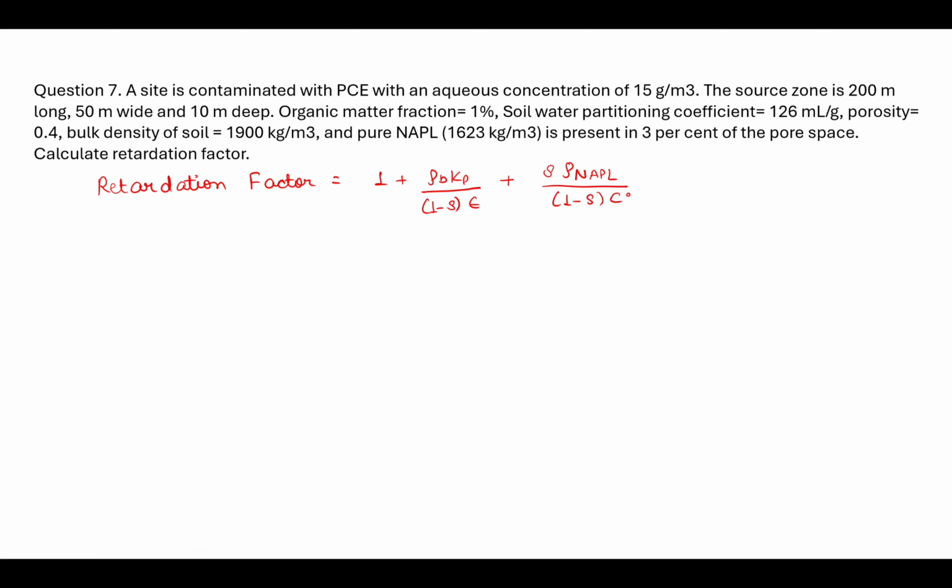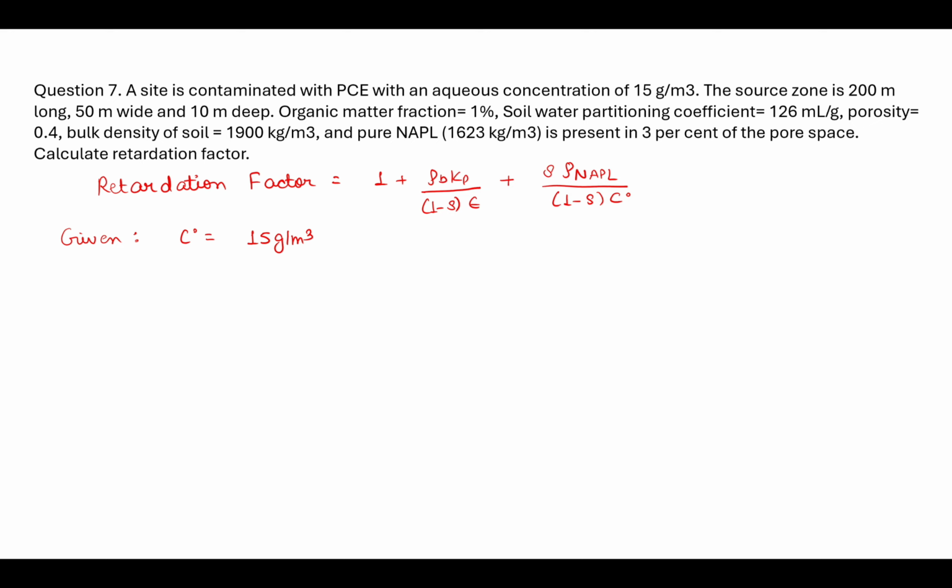This is the expression for the retardation factor when any NAPL is present in the aquifer. Let's see what is given. We have been given the concentration of PCE in the aqueous phase, which is 15 gram per meter cube.